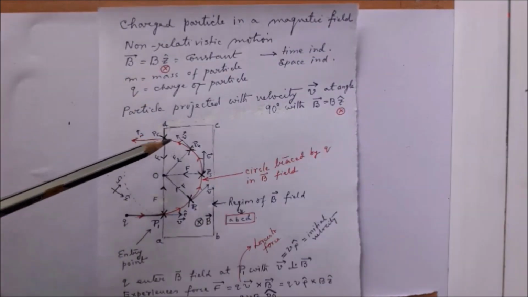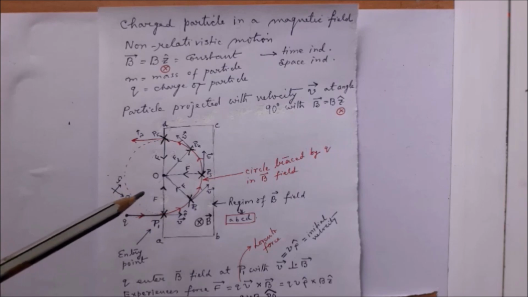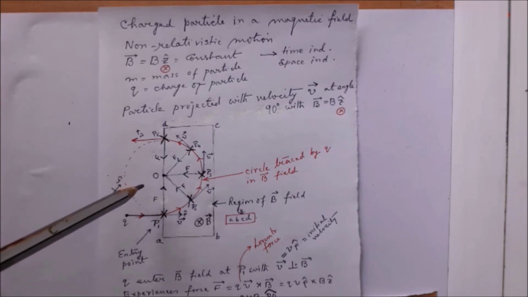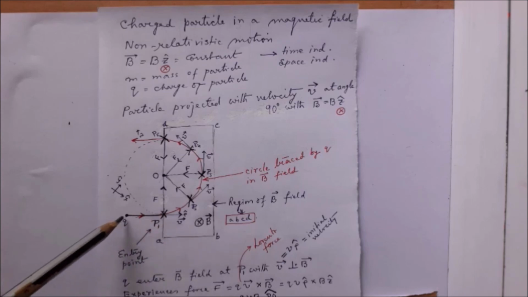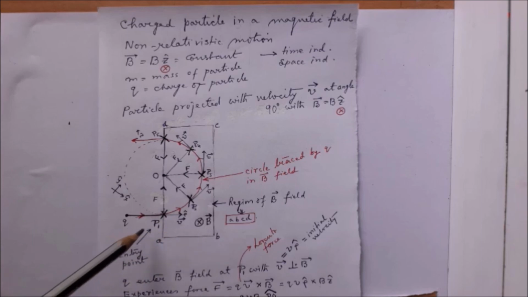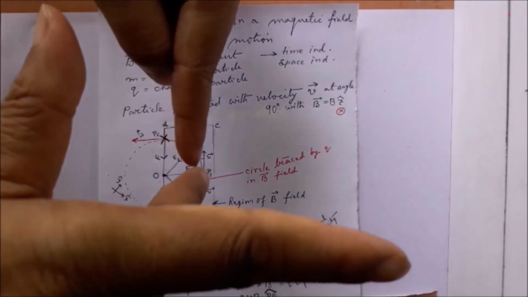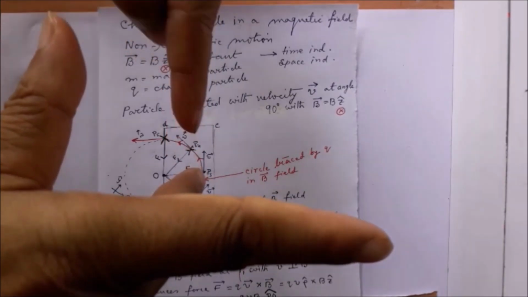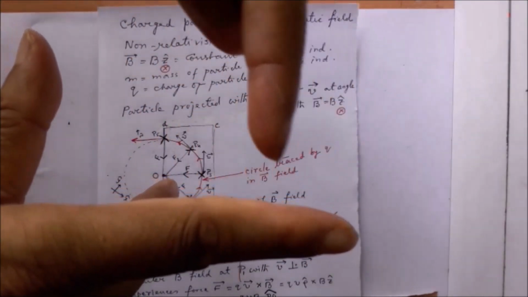The cross marks indicate the direction of B, which points downwards into the paper, and this is the direction of velocity. So the charge Q enters normally into the magnetic field, and P1 is the point of entry. Now what happens at P1? This is the magnetic induction that points downwards. This is the velocity of the particle.